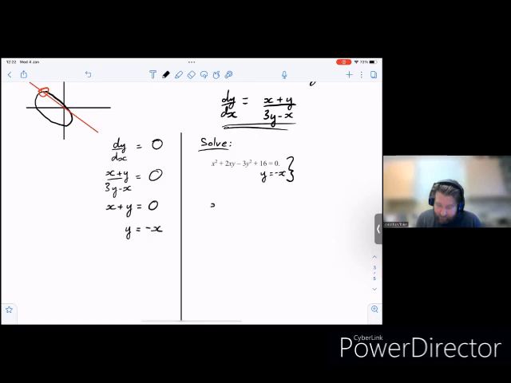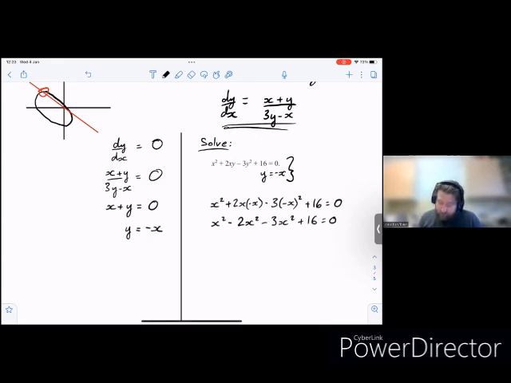So x squared we'll leave as it is, 2xy, so y is minus x, minus 3y squared, which is minus x squared, plus 16 equals 0. That gives us x squared minus 2x squared minus 3x squared plus 16 equals 0.